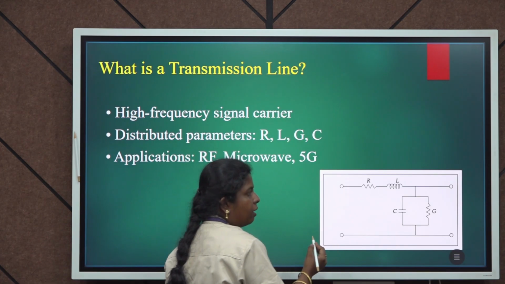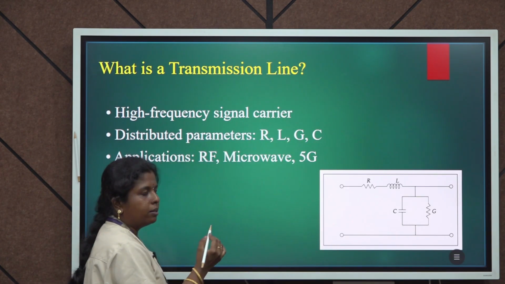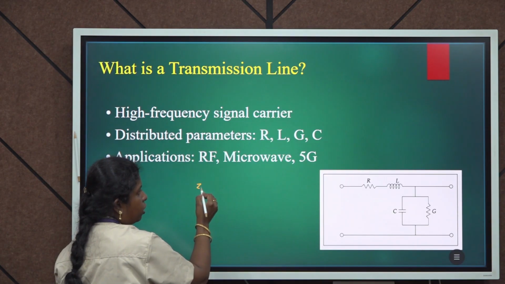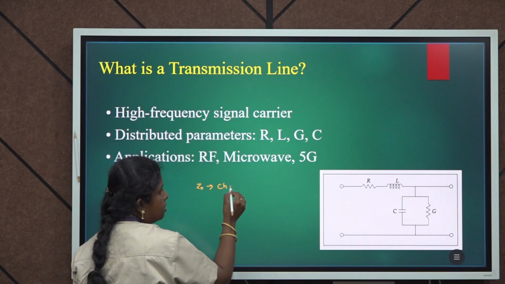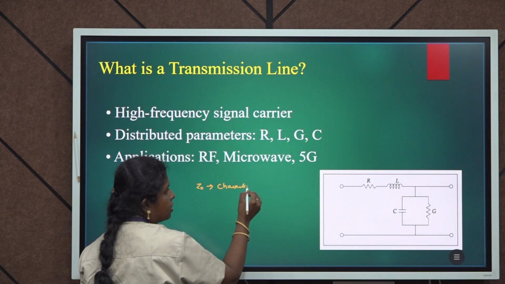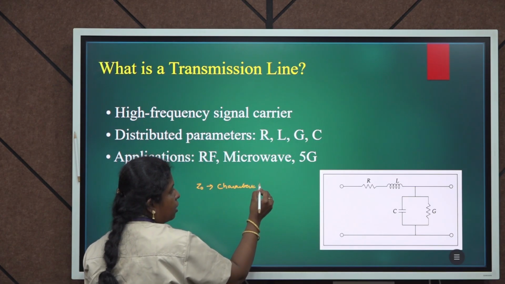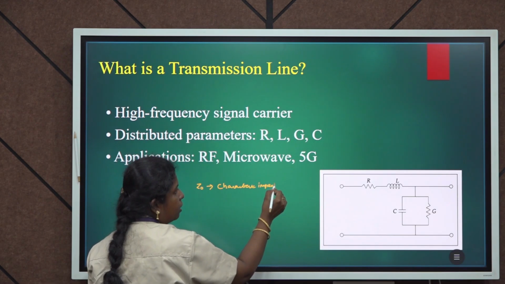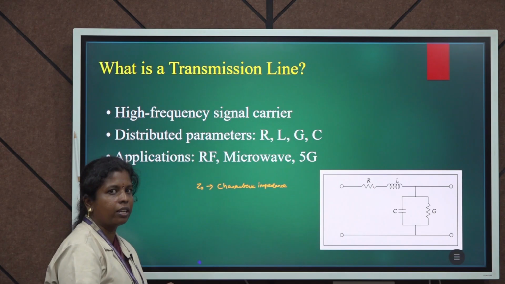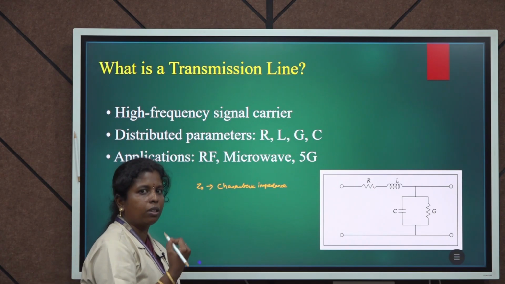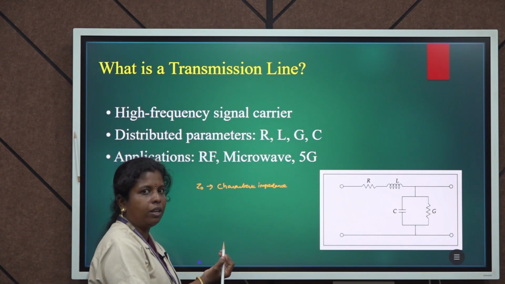Every transmission media will have a parameter called Z0. Z0 is nothing but the characteristic impedance of the transmission line. This characteristic impedance varies depending on what media is being utilized.